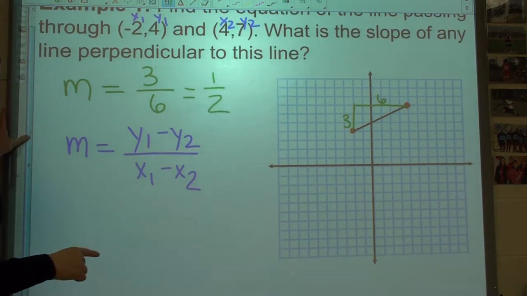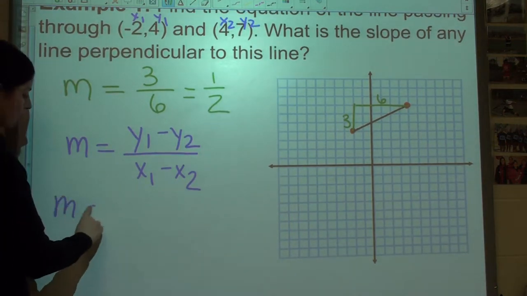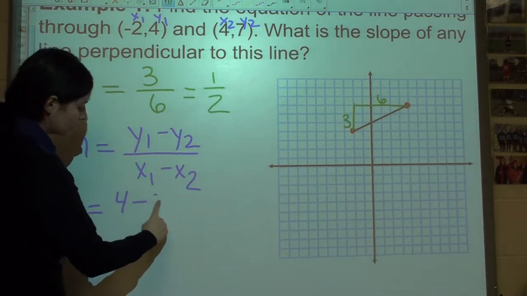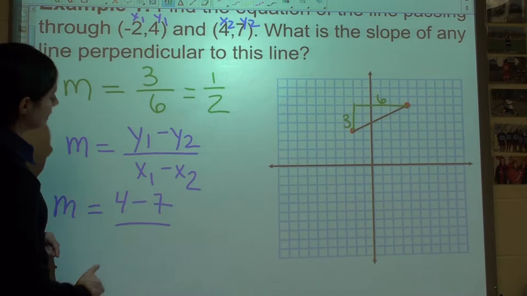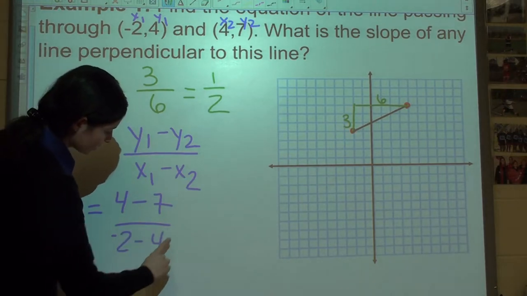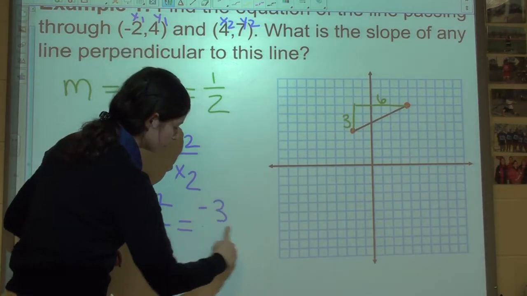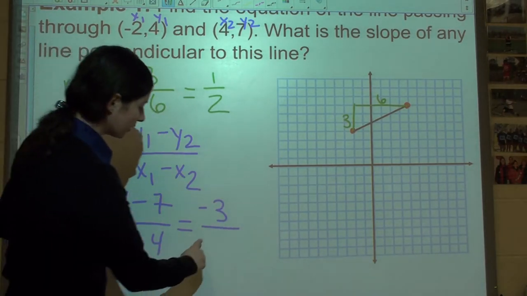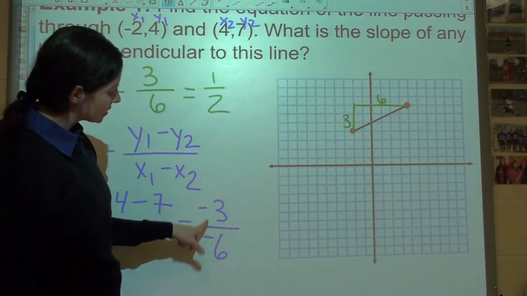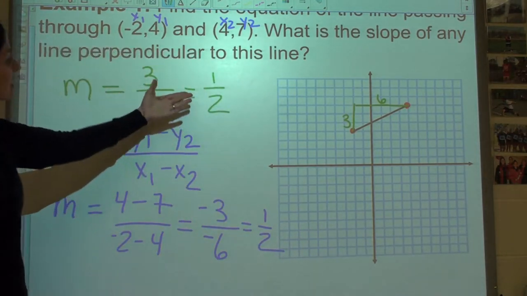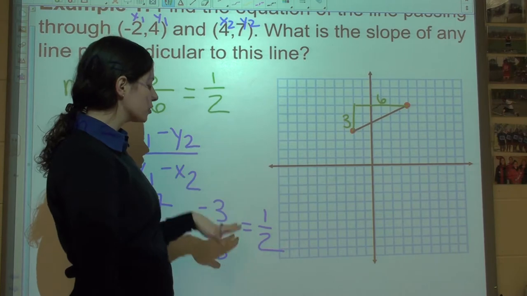So we'd have, for my slope, 4 minus 7 over -2 minus 4. 4 minus 7 is -3. -2 minus 4 is -6. The negatives cancel, and again, you're left with 1/2. Obviously, both ways give you the same answer.